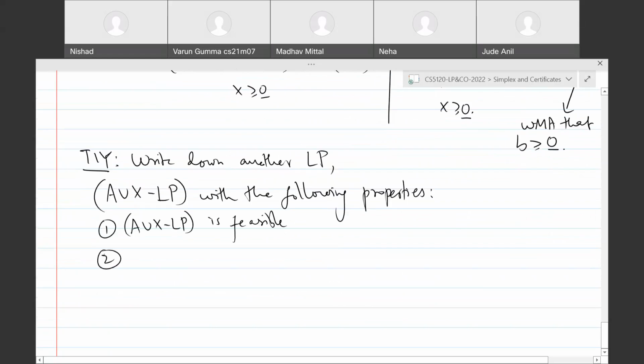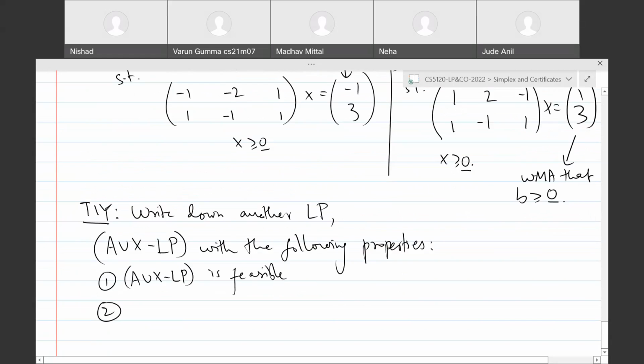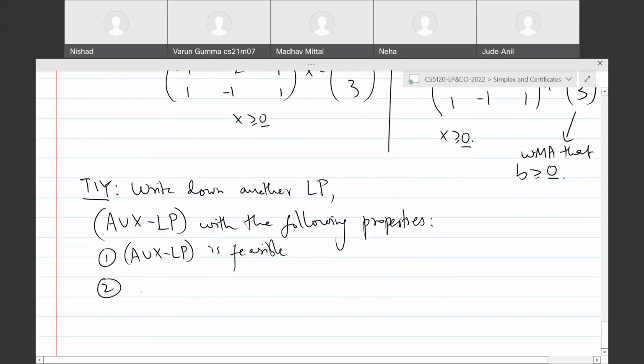We also want to make sure that the auxiliary LP is not unbounded, which means that it must have an optimal solution. Right? Okay, so these two properties already mean that the auxiliary LP has an optimal solution.